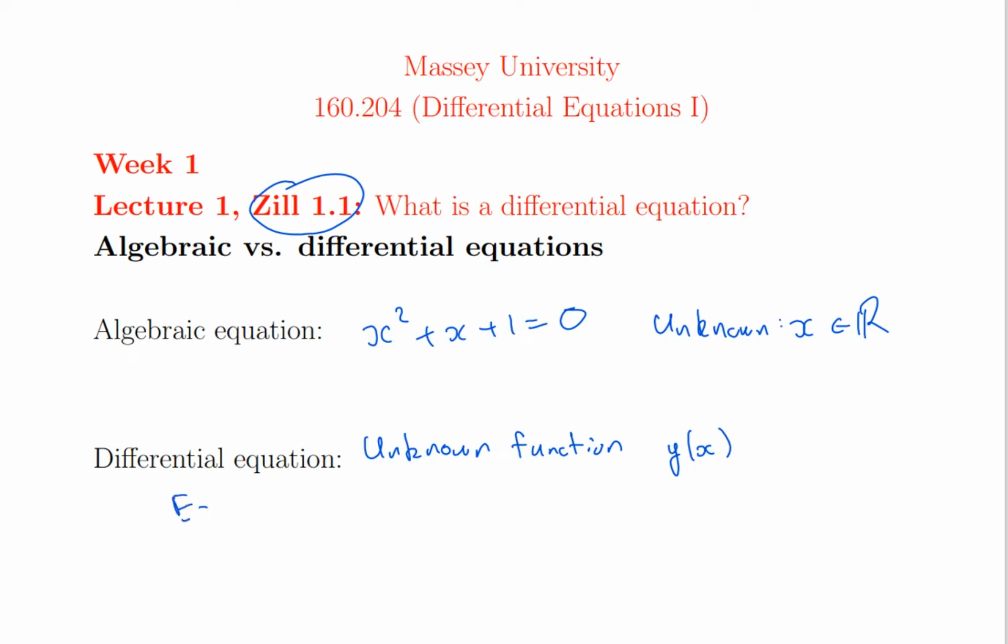A simple example that we're going to use over and over would be dy dx equals 2y. If you read that out in words, you would say we're looking for an unknown function y of x such that its derivative, dy dx, is equal to 2 times the function you started with.